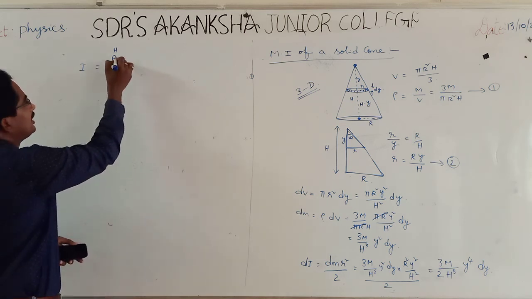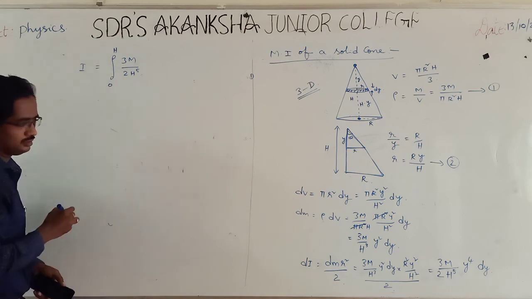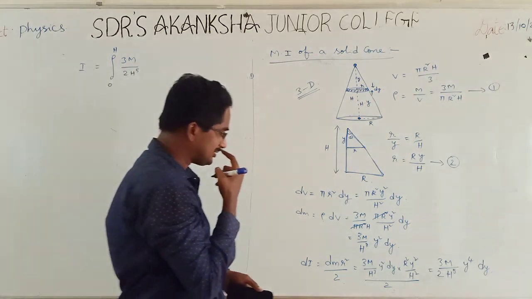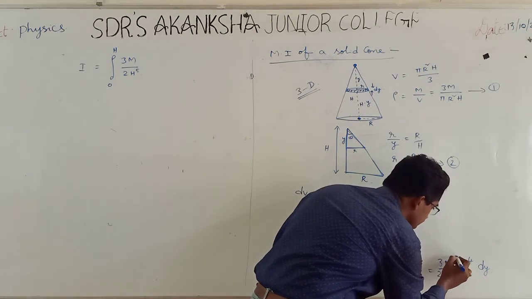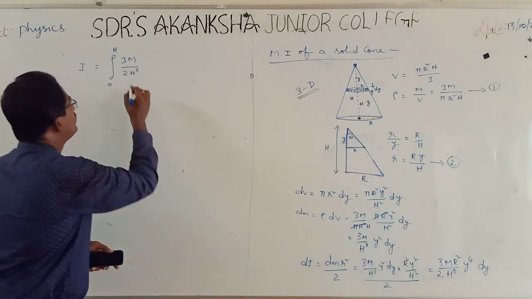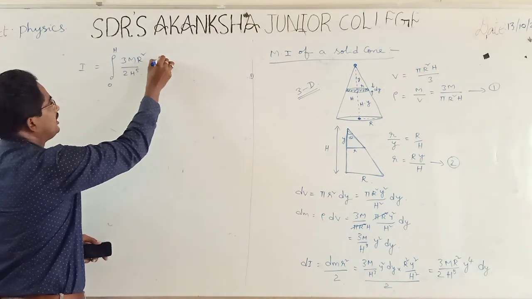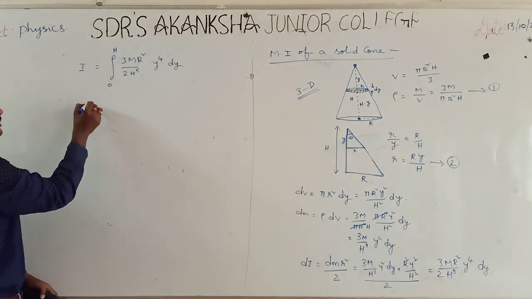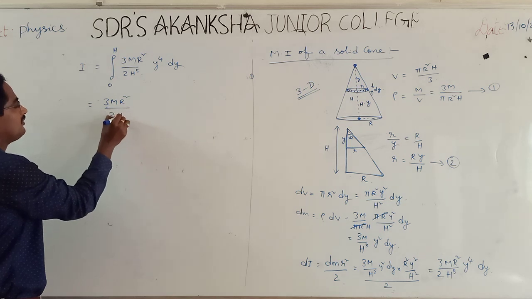Then 3m by 2h power 5 into y power 4, R square is there, and dy. In this one, what is constant here is 3m R square by 2h power 5.